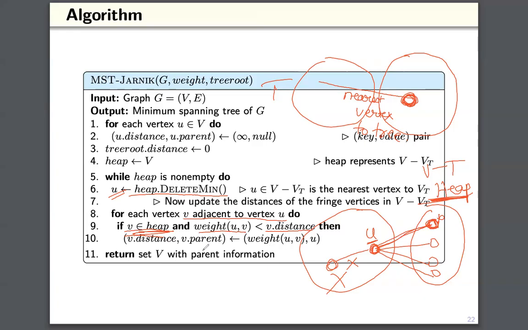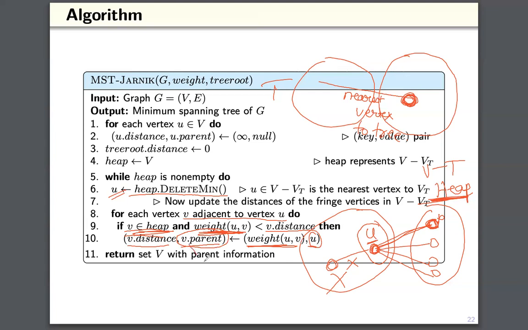Only then you will update it. So V dot distance will be initialized to this latest distance that is reachable from the vertex that you just pulled into the tree. And V dot parent is U. See, this is how you will remember the relationship of this tree.